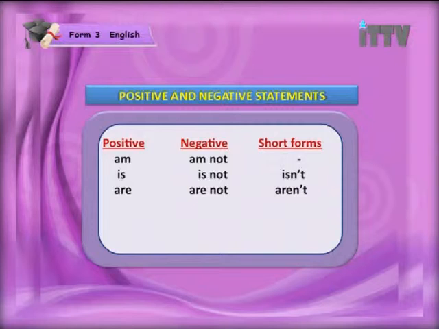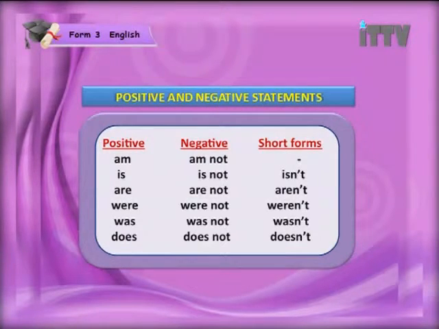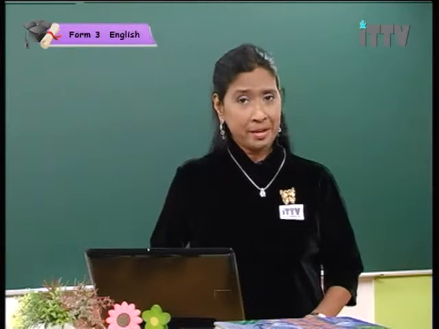For example, isn't, I-S-N apostrophe T, aren't, A-R-E-N apostrophe T. Next, were not, weren't, was not, wasn't, does not, doesn't.